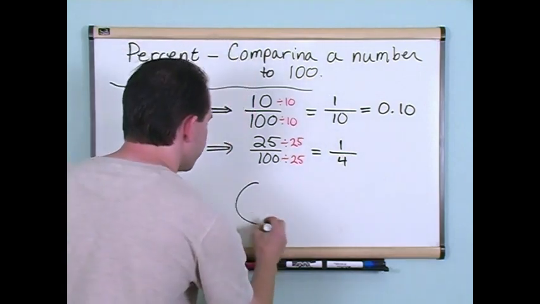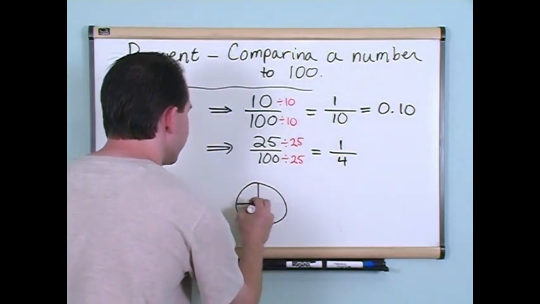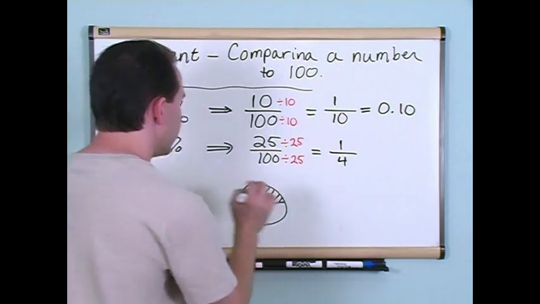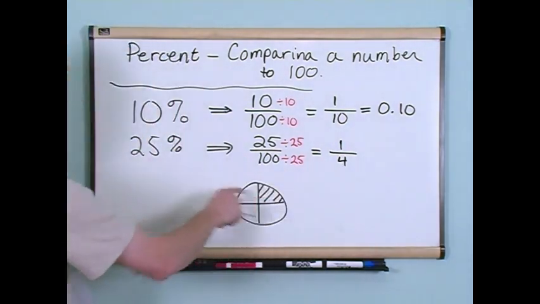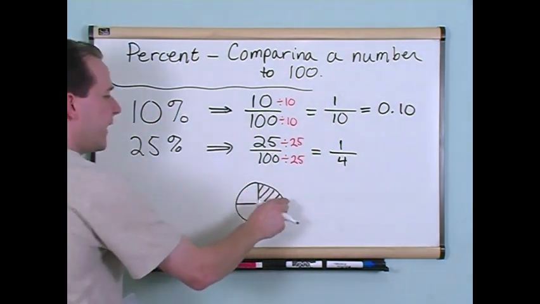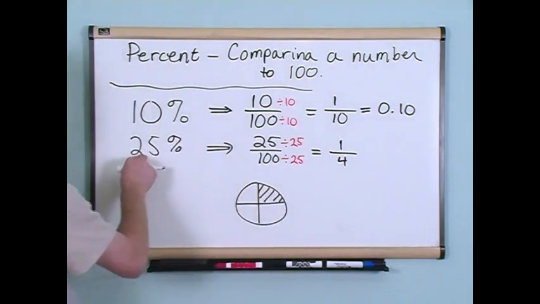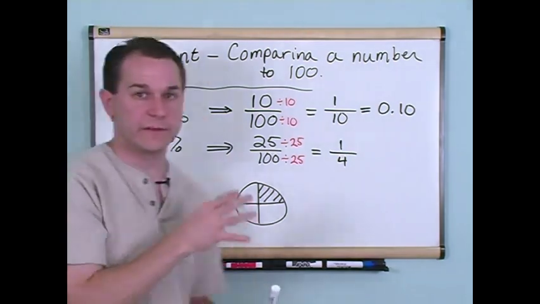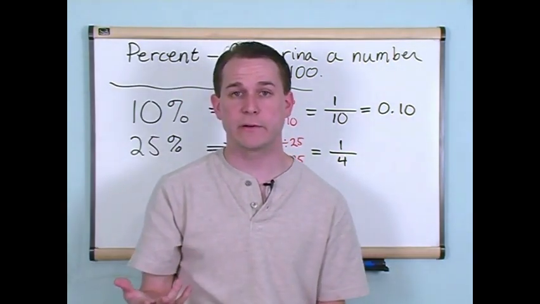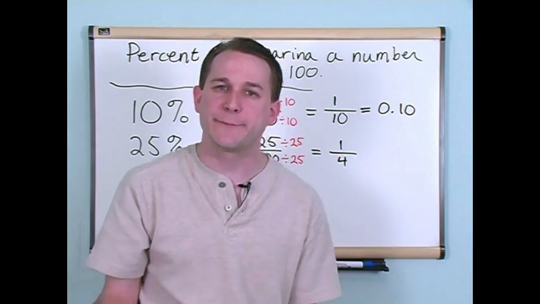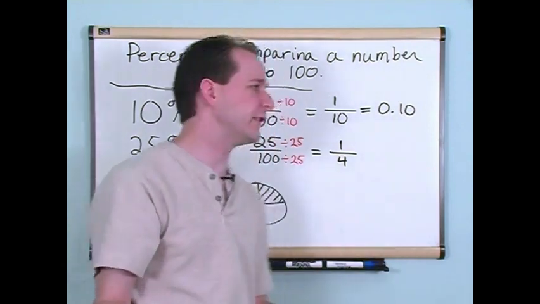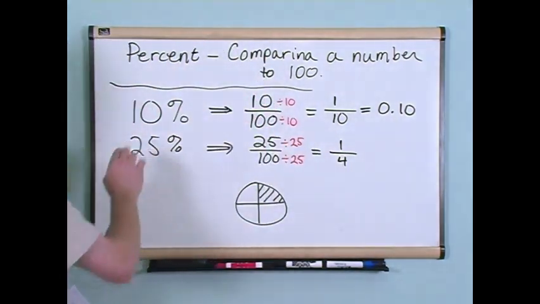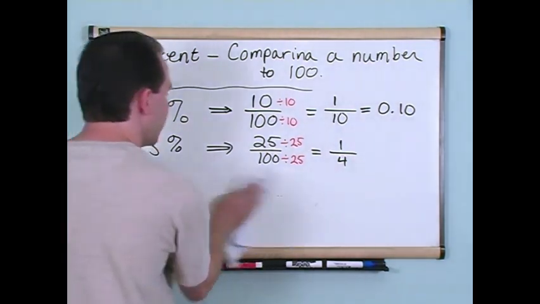So remember back from your pie, okay? If I cut the pie in 4 pieces, this is 1/4 of a pie, okay? Well, what this is saying is 1/4 of a pie is the same thing as 25% of a pie, okay? So really percentages, because you're comparing them to 100, it's just another way of expressing what a fraction is. 1/4 is equal to 25%, okay?